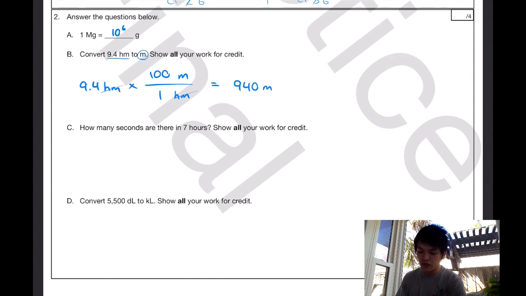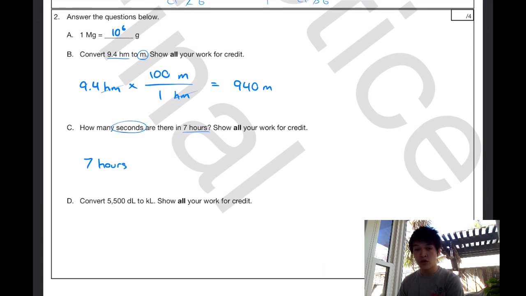Letter C. Now it's asking, how many seconds are there in 7 hours? Show all work for credit. Okay, same thing here. Circle what you're trying to convert to, which is seconds, and we are starting from 7 hours, so we go ahead and underline that. Now when you're doing a conversion, you first write down what you are starting from. 7 hours.